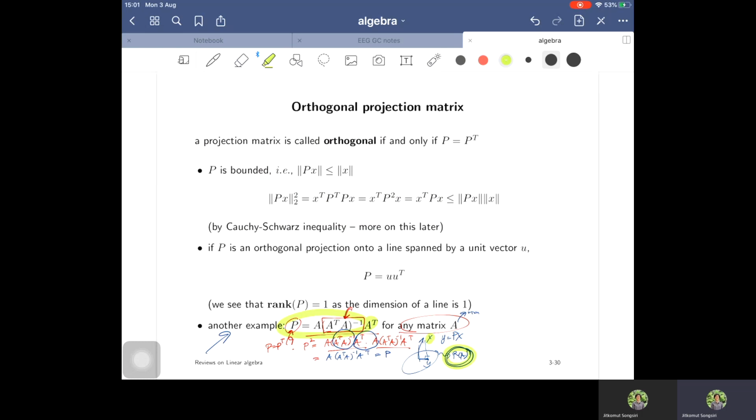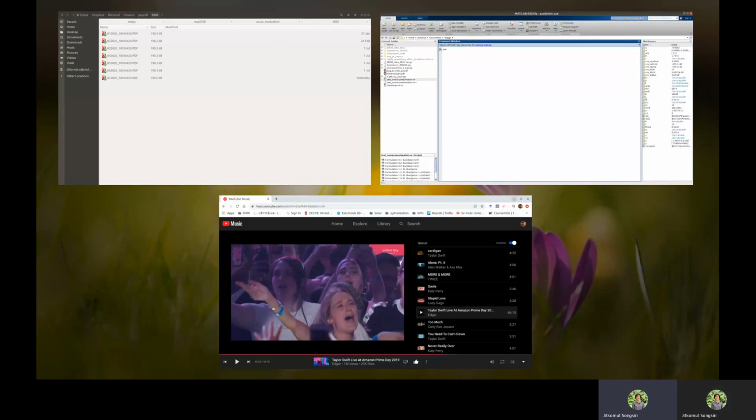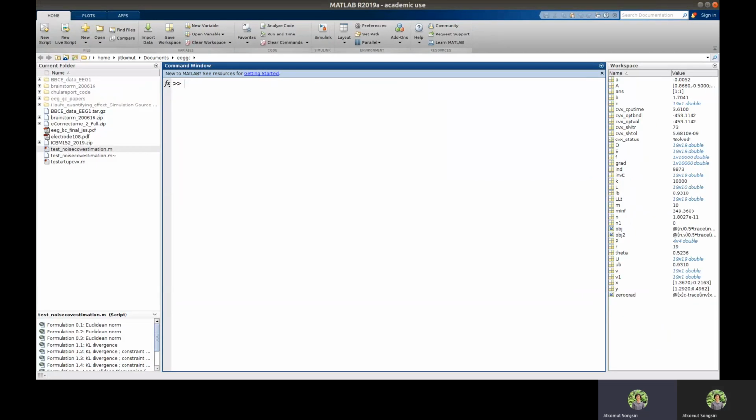Okay, we can also verify on MATLAB again. Let me switch. Hold on. Now I'm sharing my MATLAB screen.